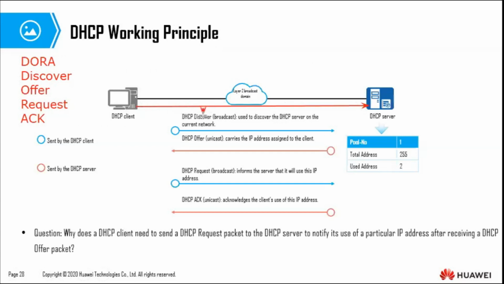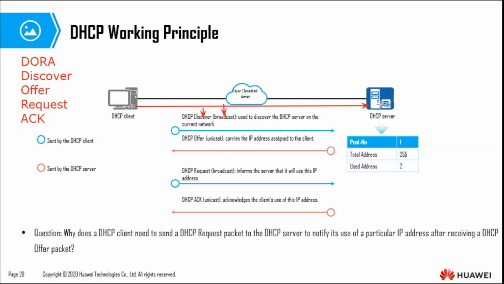The discover packet is used to discover DHCP servers on the network. Normally, this packet is broadcast. Broadcast means the destination address is 255.255.255.255, so everyone is going to receive it.